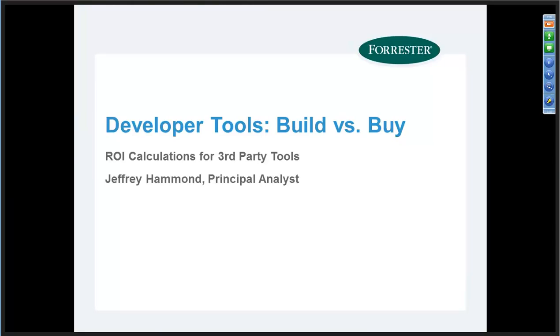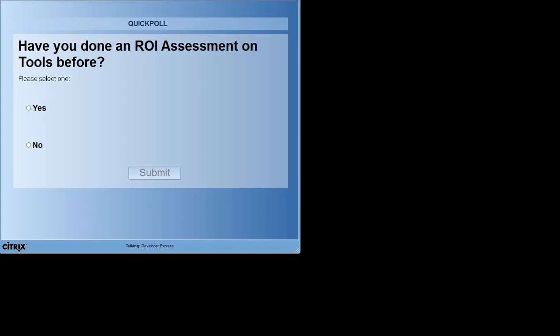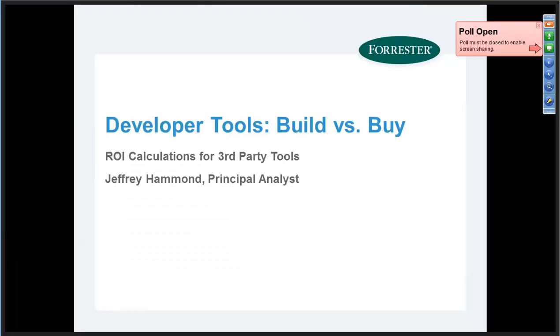Great, and our next poll question is, have you done an ROI assessment on tools before? Yes or no, and I'll give you just another second to get those answers in. So it looks like about 75% no, 25% have done an ROI assessment previously.